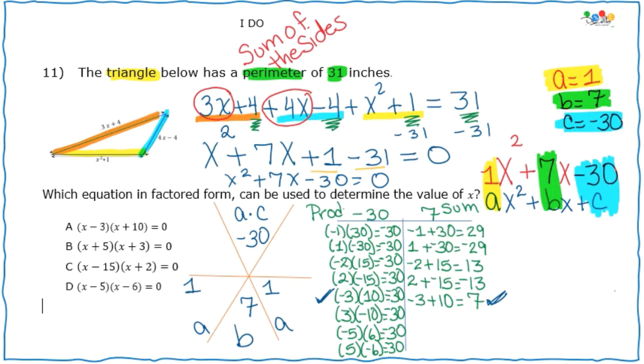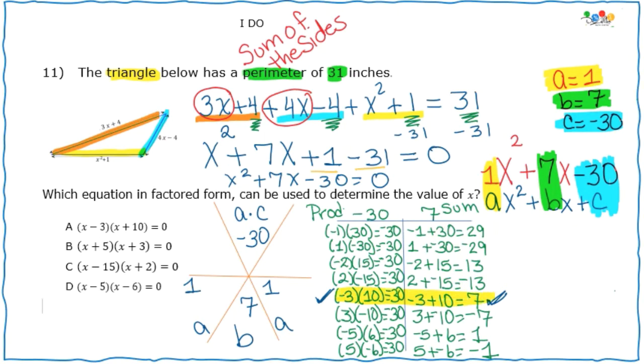We can continue the rest just so that you prove that I do not get a positive 7 again. This gives me a negative 7. The next one gives me a positive 1. And the last one gives me a negative 1. So yes, we see those are my factors right here.